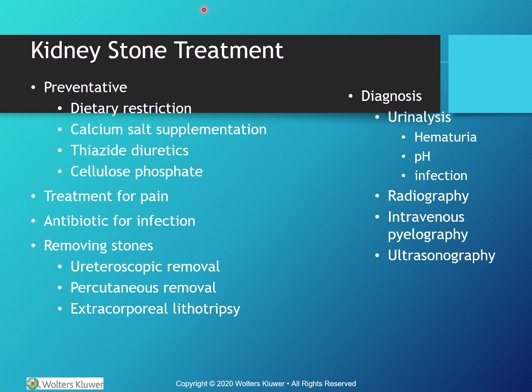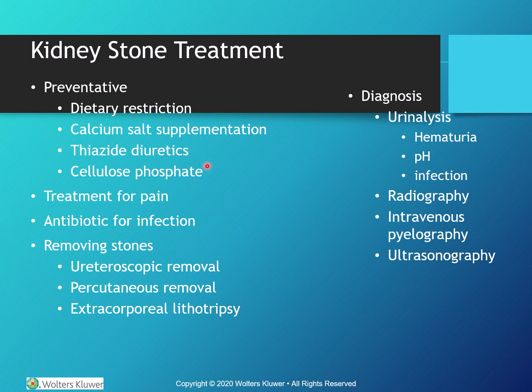If we have a patient who's predisposed to kidney stones, we often look at preventative measures. So patients who maybe have had a previous stone diagnosis, we might look at things like dietary restrictions. We might look for calcium salt supplementation.